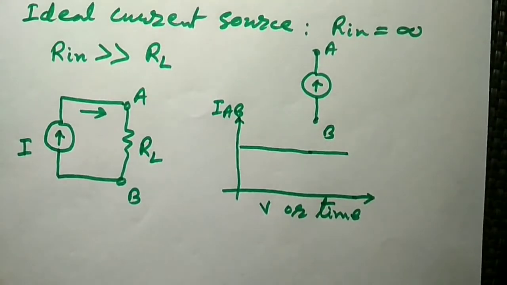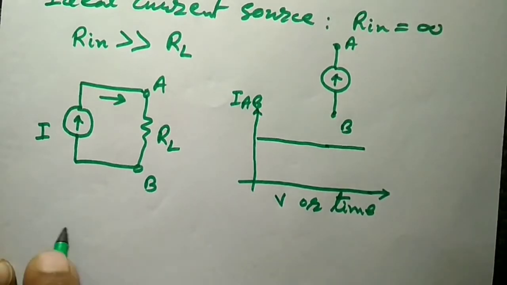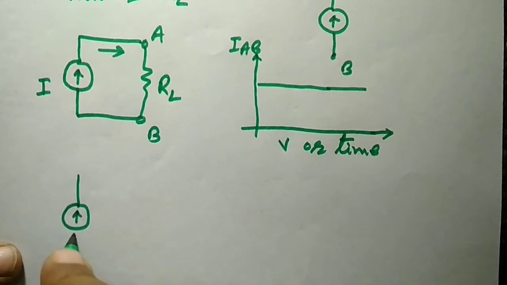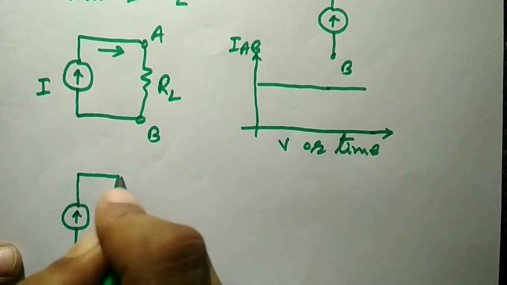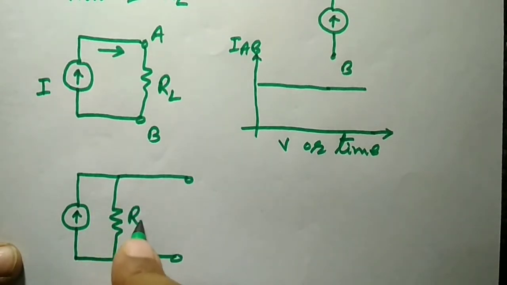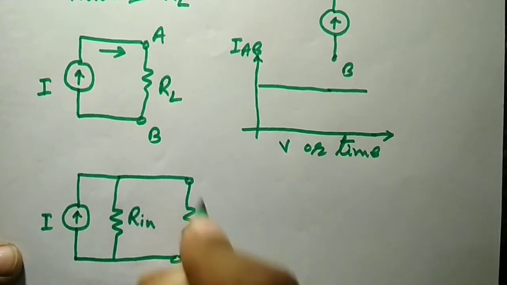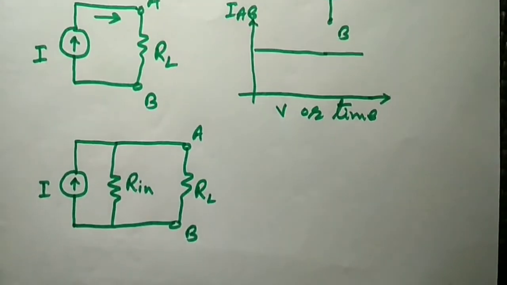But if we consider the practical current source, which should have some resistance, then the circuit will look like this. I is the value of the current source, R in is the internal resistance of the source, and RL is the load resistance.